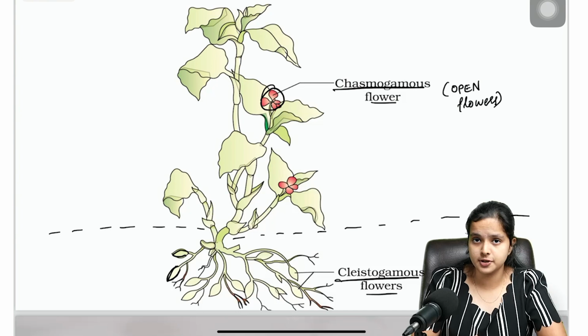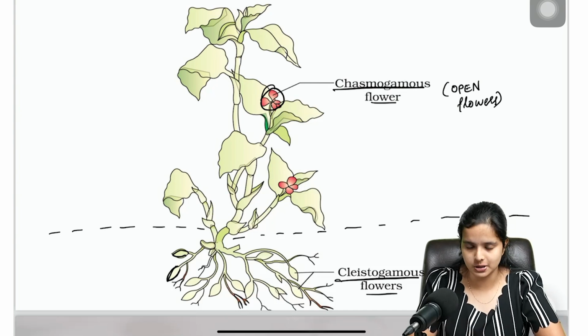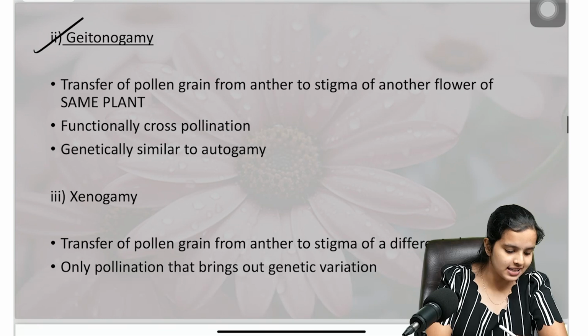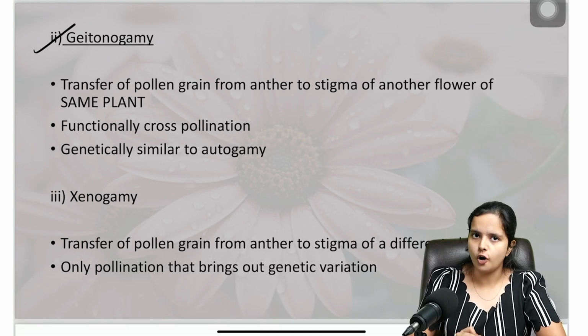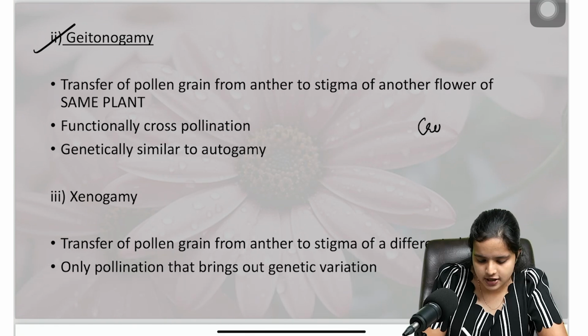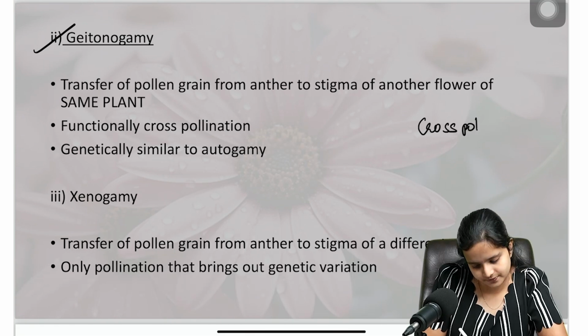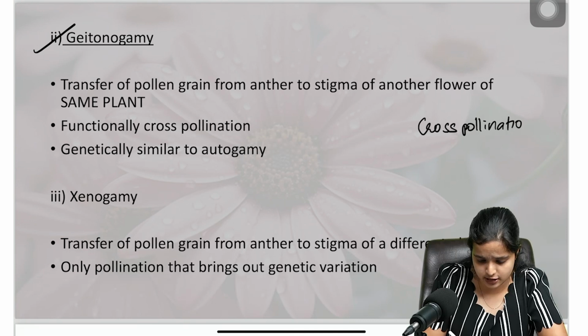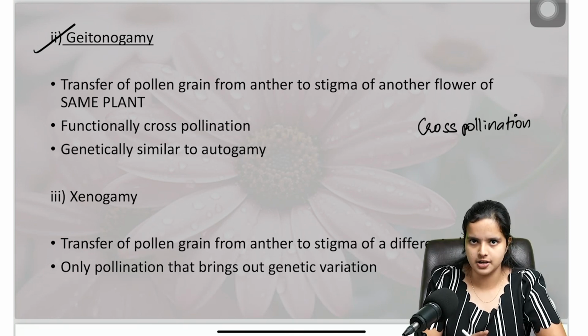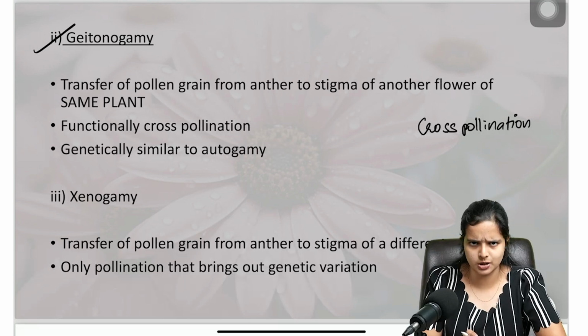Now moving on, that was the first type of pollination, autogamy or self-pollination. Now you have the second type of pollination, which is known as geitnogamy. You've already heard about cross-pollination, but cross-pollination is further divided into two. You've only heard about self-pollination and cross-pollination till now. Self-pollination is similar to autogamy, nothing different.